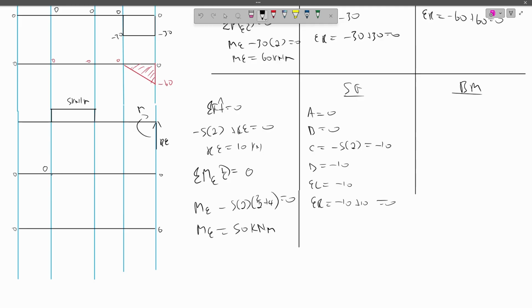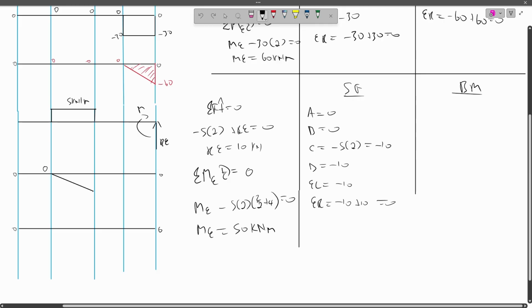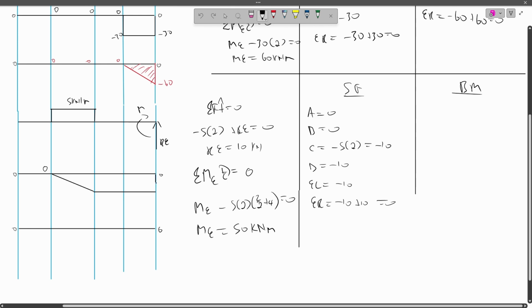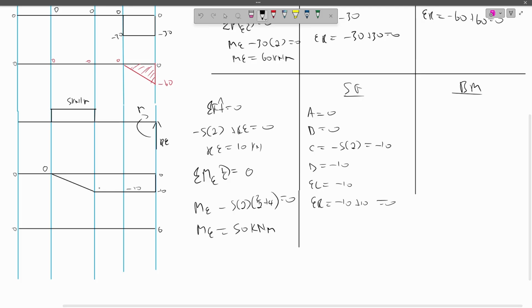So it's basically going to move from here to somewhere around here, and then it's going to go straight back to 0. Minus 10, minus 10, minus 10.